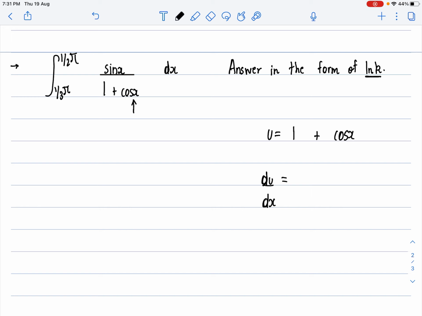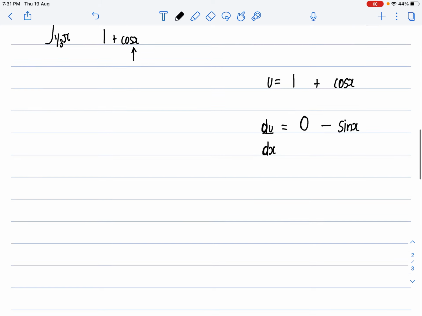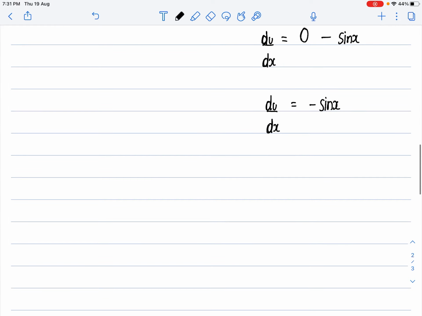The differentiation of 1 is 0, and the differentiation of cos x is minus sin x. So you get du by dx as minus sin x. So you can write this as du by minus sin x equals dx.